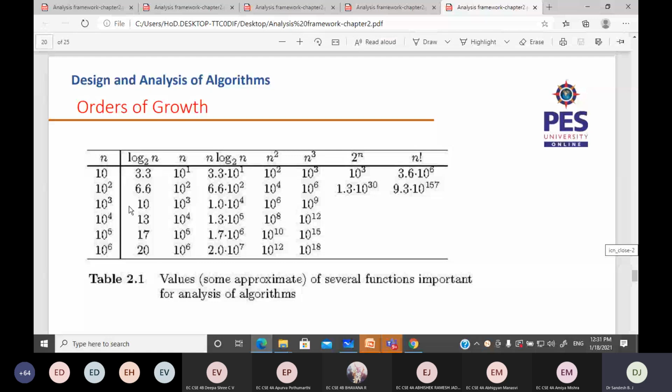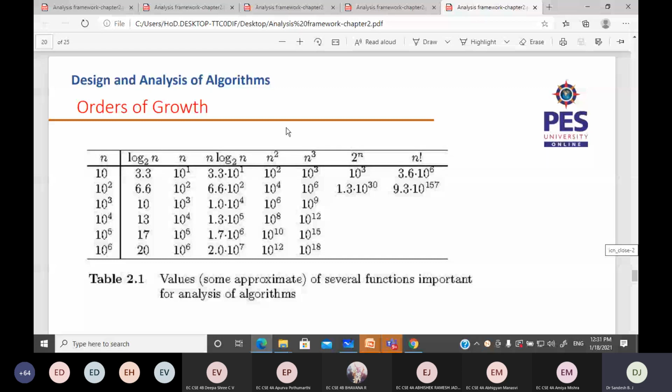As you can see, log n takes very minimal time for input of large size. For inputs of 10, 10 square, 100, 1000, 10 to the power of 4, what is the time taken by each algorithm if it is represented by these equations like log n and n.